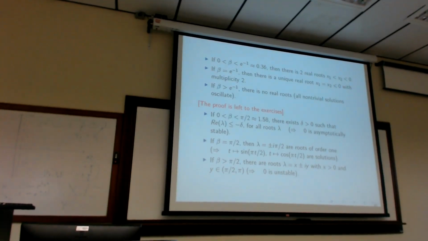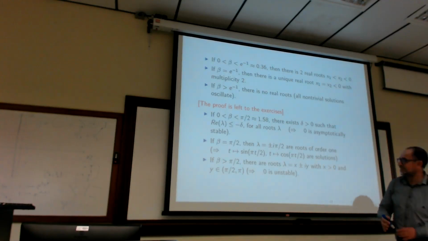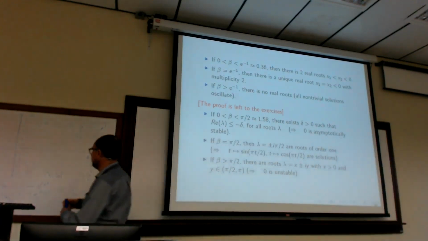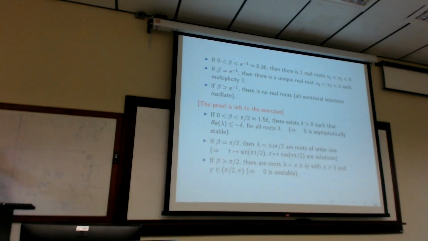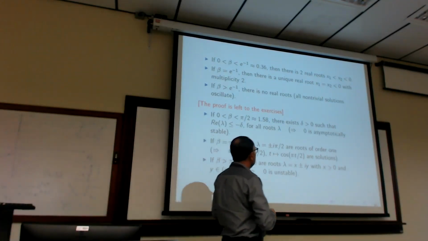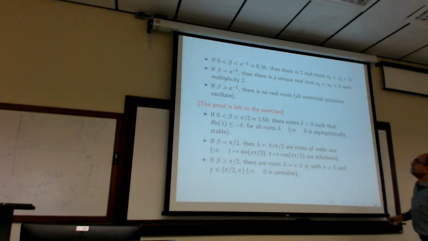If beta is between 0 and 1 over e, then there are 2 real roots. I already showed you this behavior, something like that. Here we will have 2 real roots and they are negative.